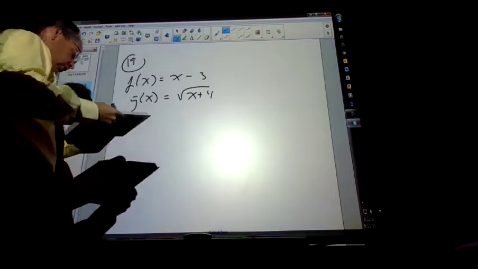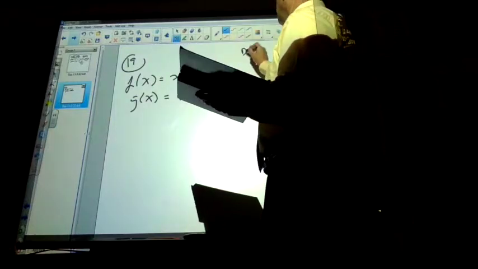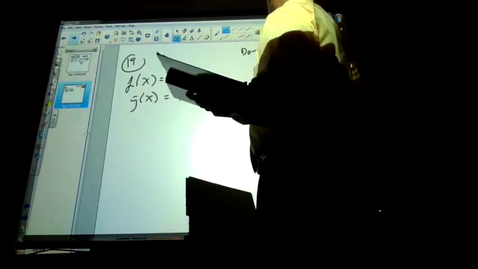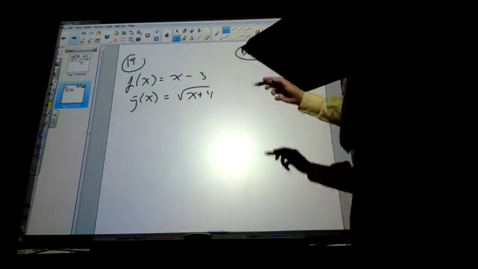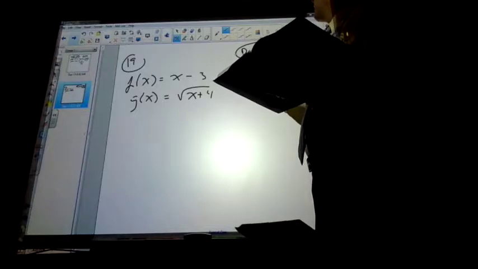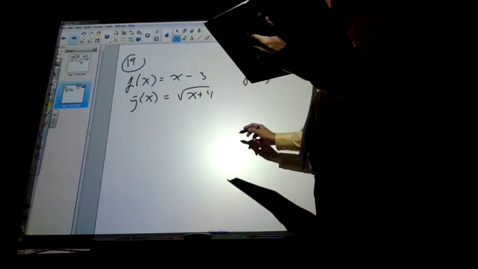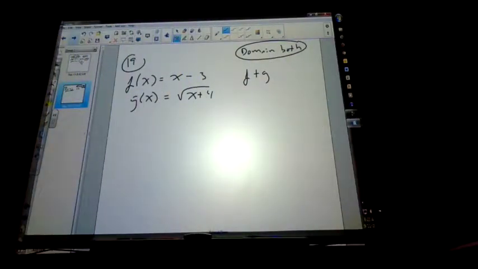They want you to do the following. Find the domain of both. And then find f plus g. That'll be the first one we'll do. Okay? All right.